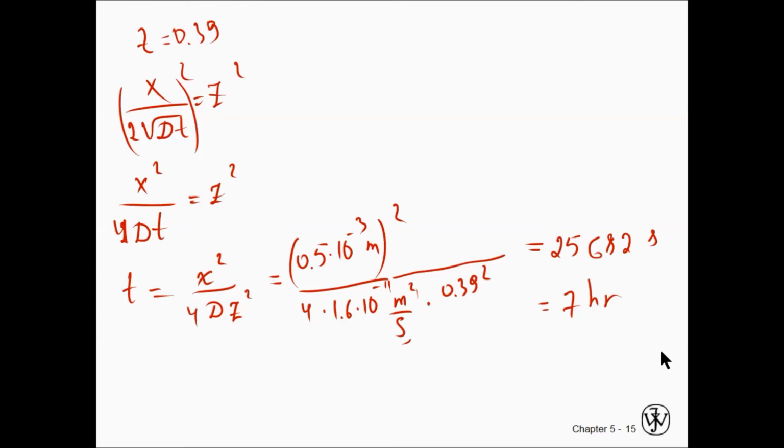That means it will take us 7 hours to reach this carbon concentration 0.5 millimeters below the surface. So the initial concentration was 0.25. We increased from this to this in 7 hours. That's how slow the diffusion process is.